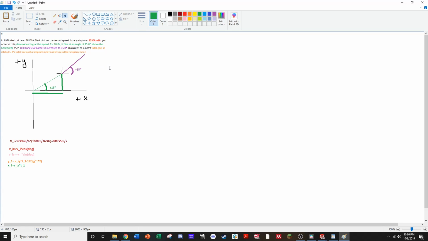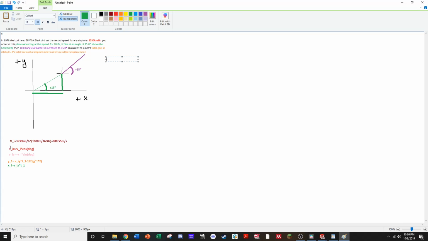So we're going to take our first couple of equations and plug and chug. So in order to figure out how far we've made it in the x and y direction, we need to figure out what the speed is relative to those directions.